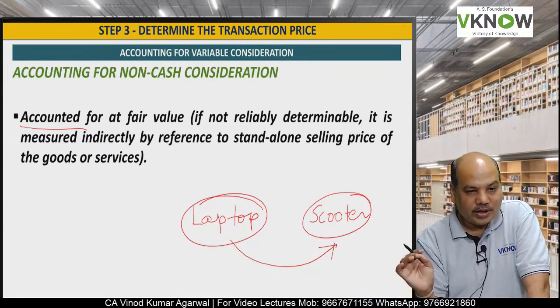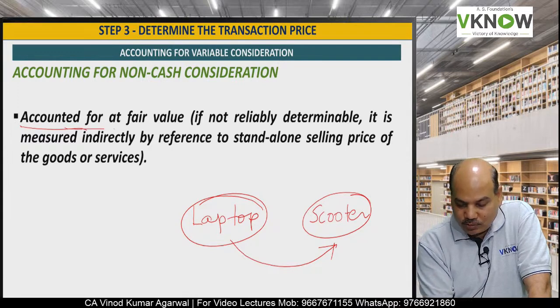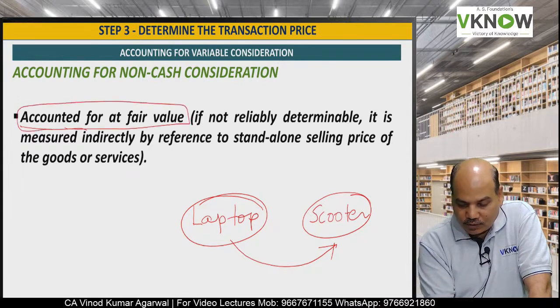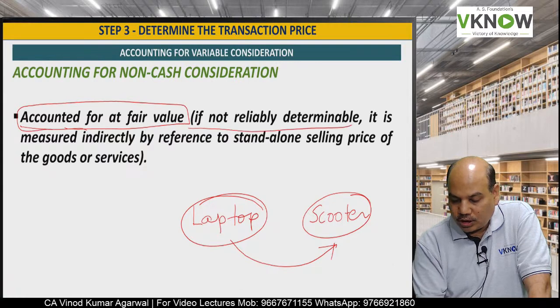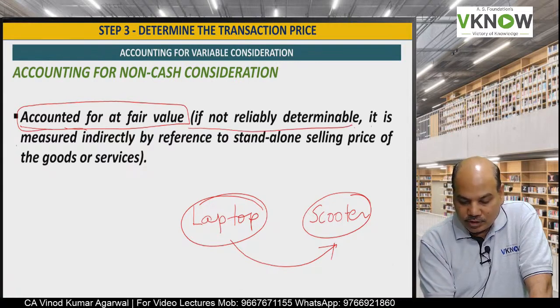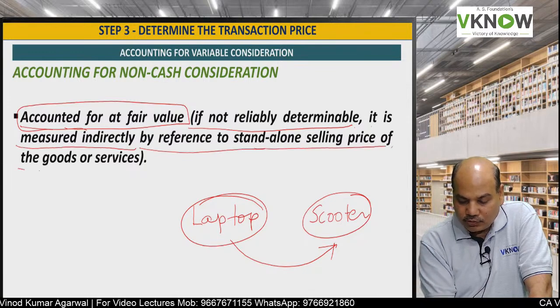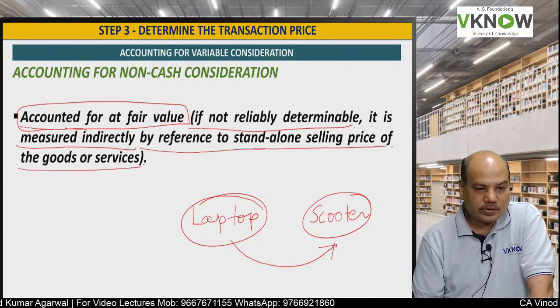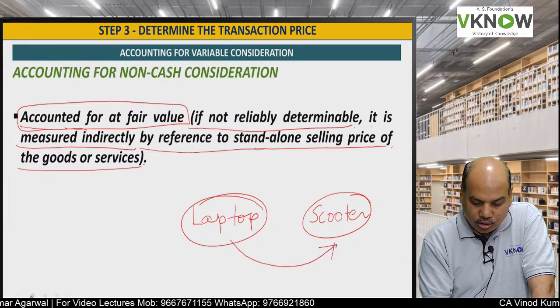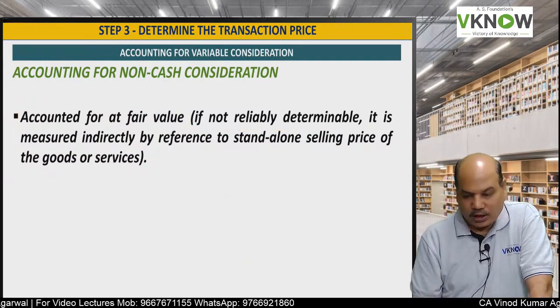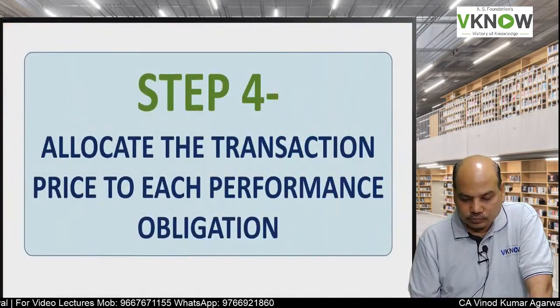This comes in many other standards also. It will be accounted at fair value. If not reliably determinable, it is measured indirectly by reference to the stand-alone selling price of the goods and services. So this is how non-cash consideration will be recorded at fair value.